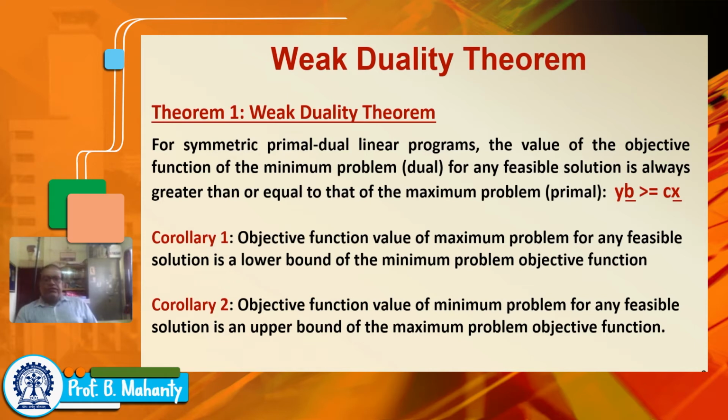Similarly, supposing you are given a minimization problem, and you know very well that the solution space is in the first quadrant, bound by the x1 and the x2 axis. You can quickly know that a lower bound of the solution to the minimization problem is going to be 0, 0.